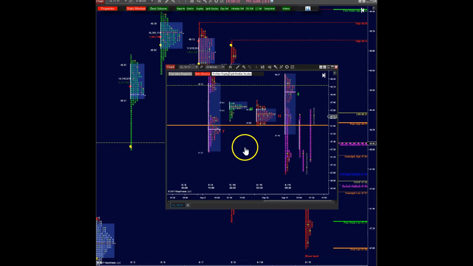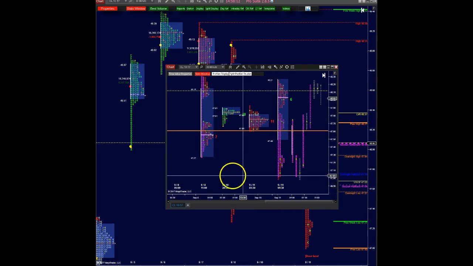And you can see here at the bottom, these are the times that we created a new profile. So you see that the overnight market here is right here in these two profiles in the middle.